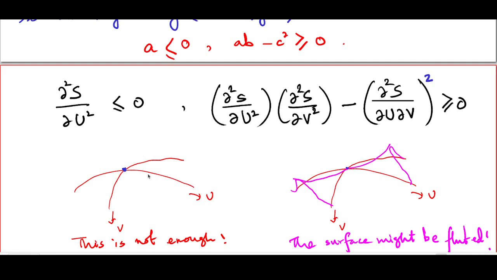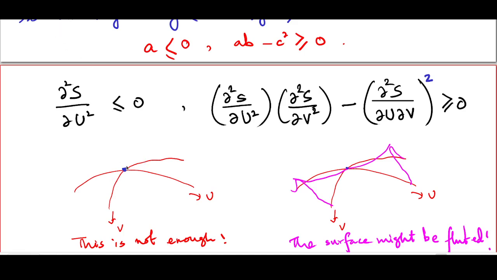And since delta u whole square is positive no matter whether you move this way or that way, the way in which this term contributes depends only on the sign of del 2s del u2, which, if it is negative, as we have demanded, would tell you that as you move away from this point, you are going to go below the local tangent, which of course is what you want for concavity.